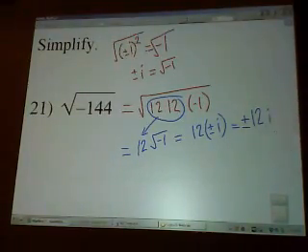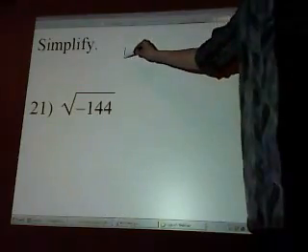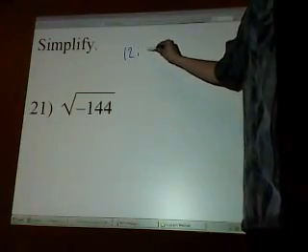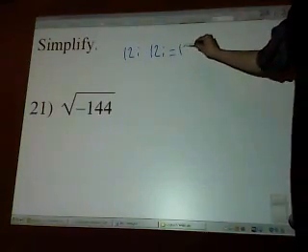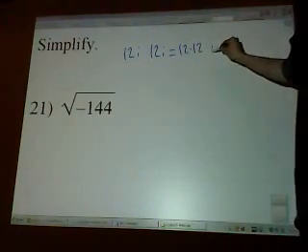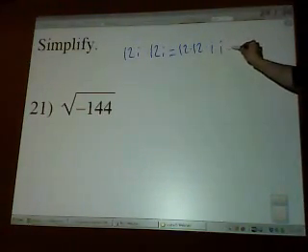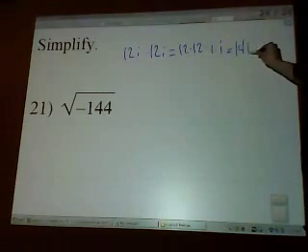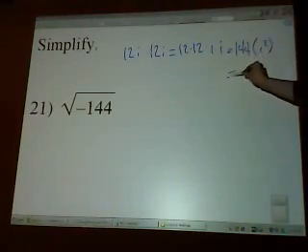Let's double check this, because this is the first time that we're using these numbers. We said it was 12i, so let's see what you get when you do 12i times 12i. I get 12 times 12, and I get i times i. 12 times 12 is 144, and i times i is i squared.